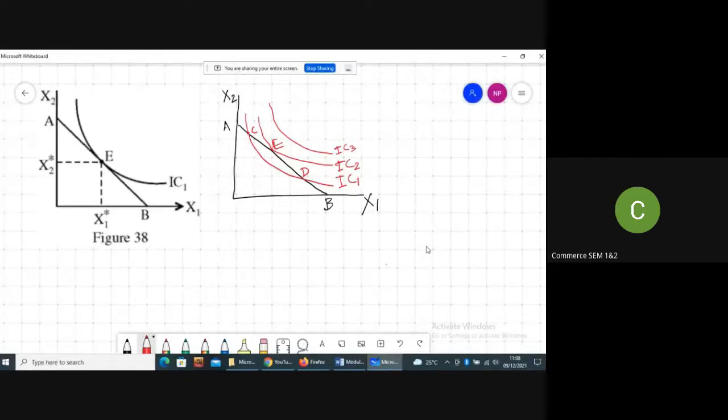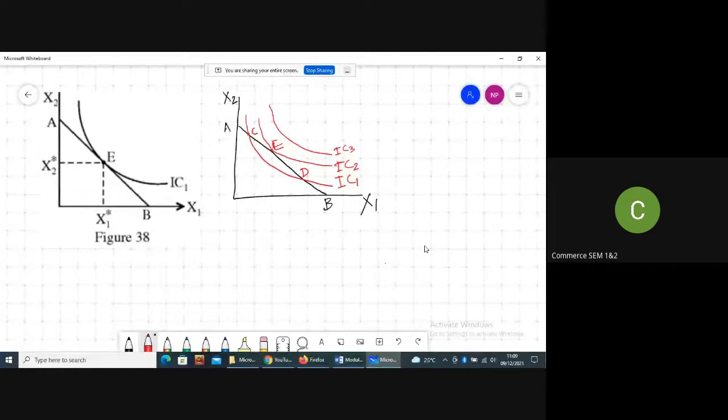So here at point E, the budget line AB is tangent to the indifference curve IC2.